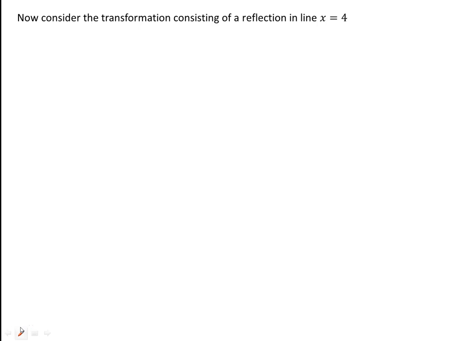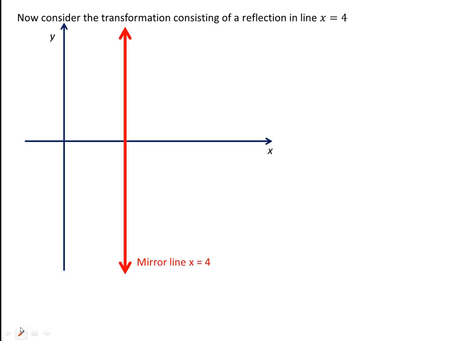Suppose we're considering the transformation consisting of a reflection in the line x equals 4. Well, if we draw a diagram to try and work out what's going on, if we take an arbitrary point xy, then its image is an equal distance the other side of the mirror line.